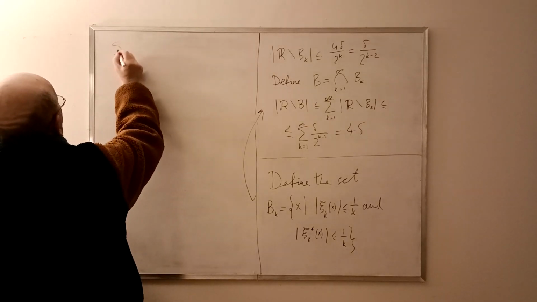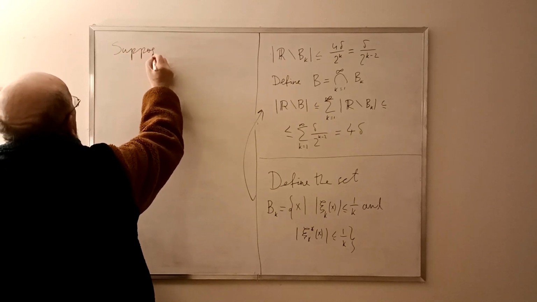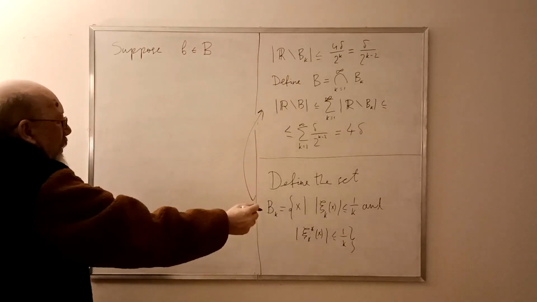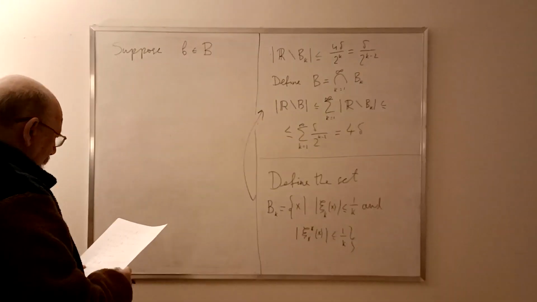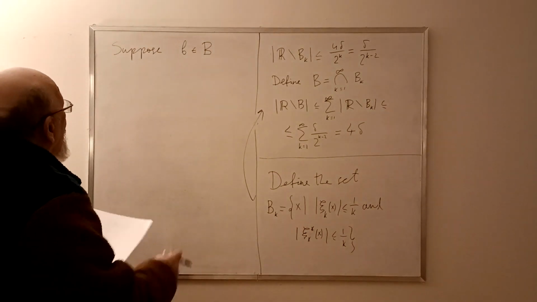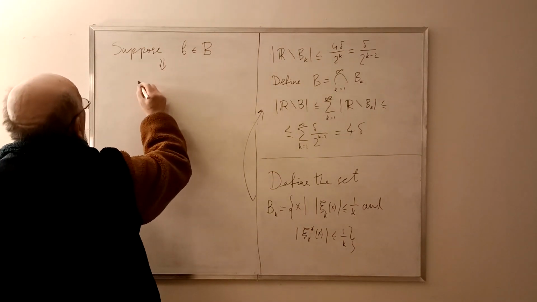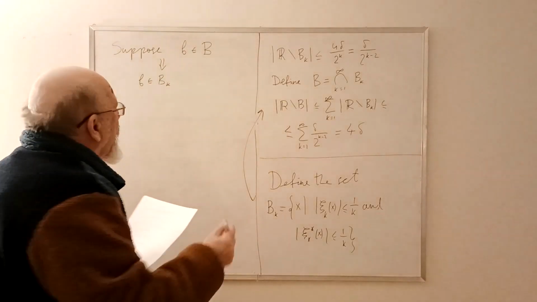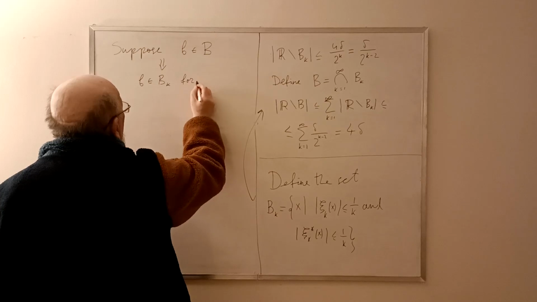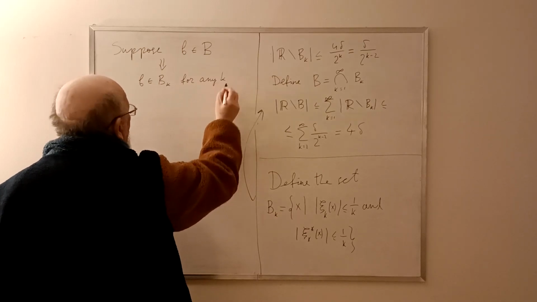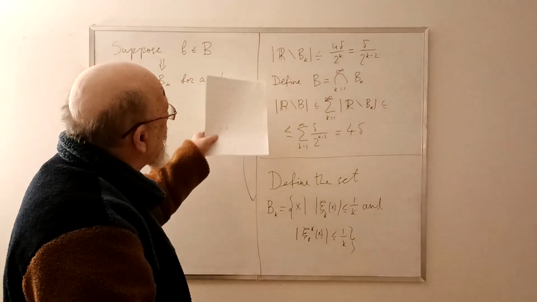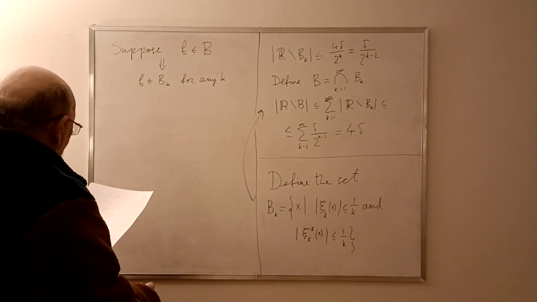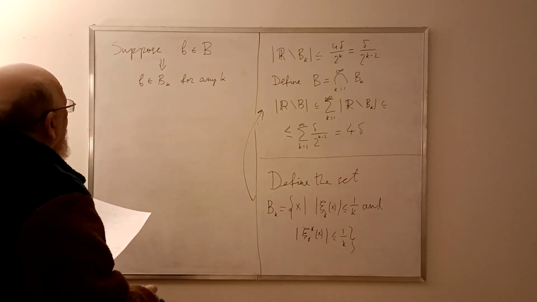Suppose the point b in B capital. So in all of this, hence b in BK for any K, because B is intersection of all BK. Now let us fix some k.